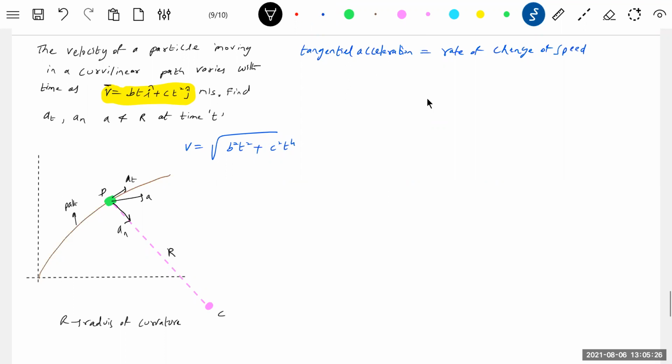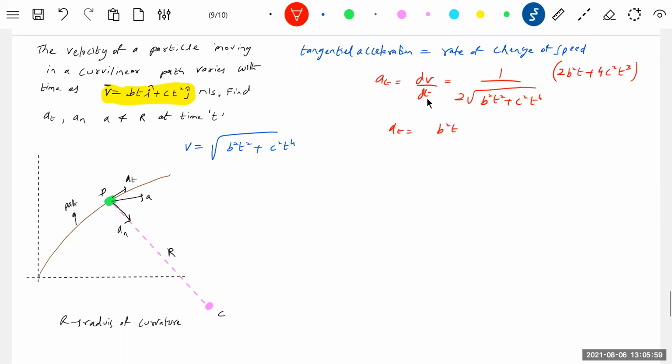Then the rate of change of speed. So I'm going to define tangential acceleration as equal to dv by dt. Let me differentiate this equation with respect to time. First 1 by 2 root, then this will become 2b square t plus 4c square t cube. Two gets cancelled, so b square t.